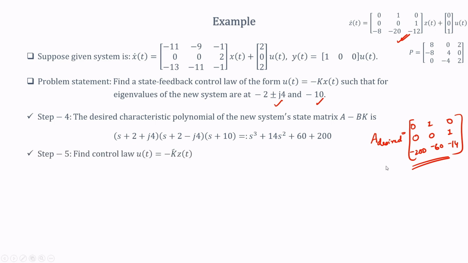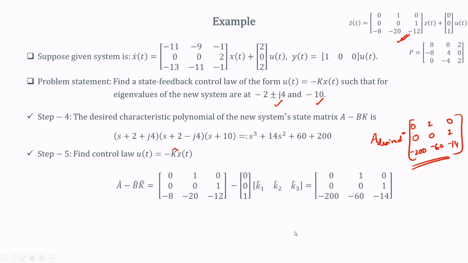So, I will use a control law minus k hat z in this way, and so now my k will be a 1 cross 3 matrix. These are the 3 elements that I have to find out, and A minus B k hat must be equal to this matrix. Now, I just have to find the values of k1 hat, k2 hat and k3 hat so that I get it.